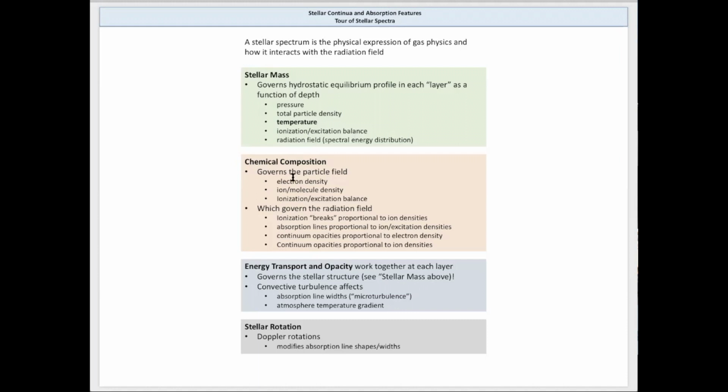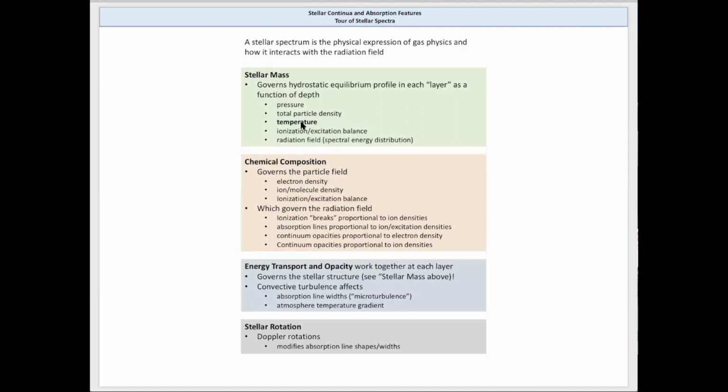What about chemical composition? This is why we can learn about chemical composition. The green box says why we can learn about pressure, temperature, ionization, and radiation. The orange box below it tells us why we can learn about chemical composition, because that governs the entire particle field, its density.